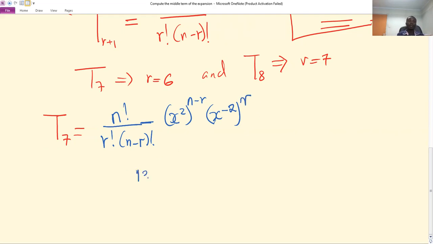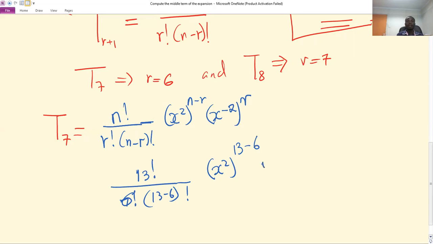So it is 13 factorial over 6 factorial times 13 minus 6 factorial, x squared power 13 minus 6, x raised to power minus 2 raised to power 6.